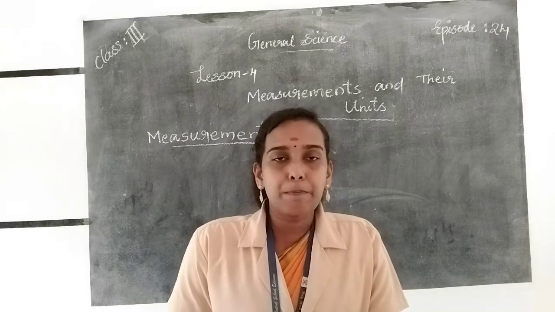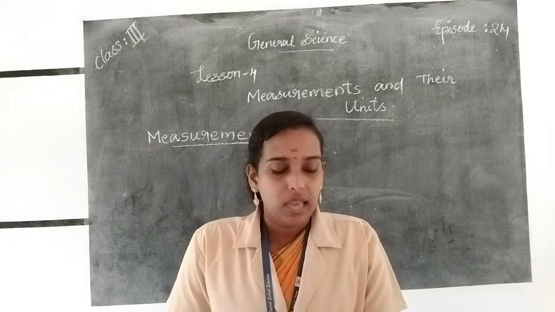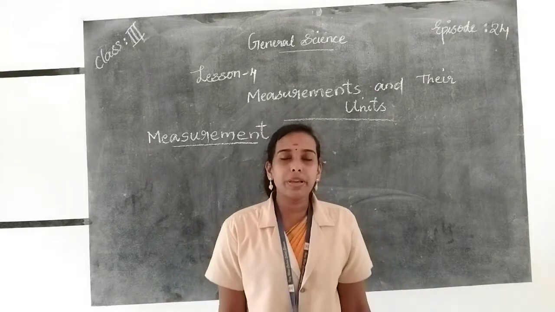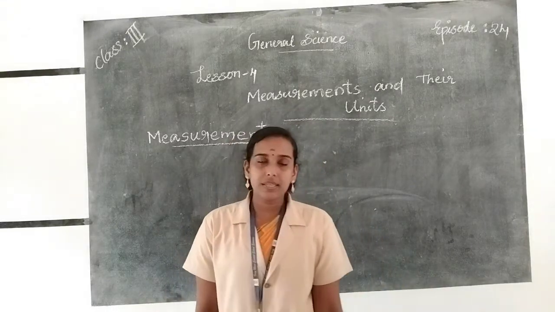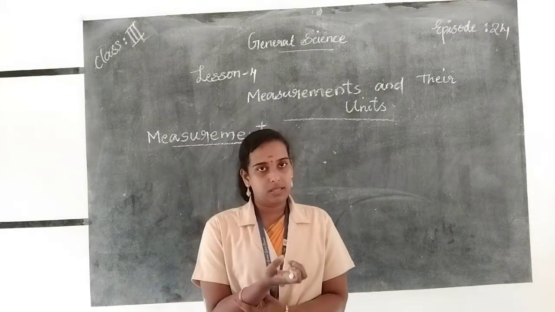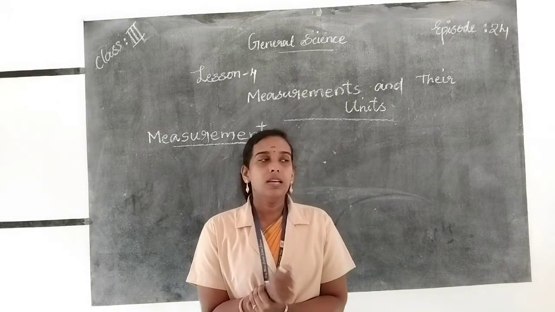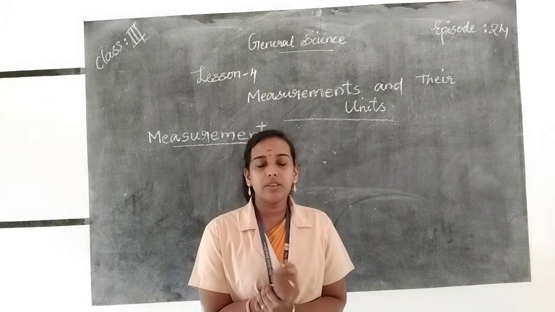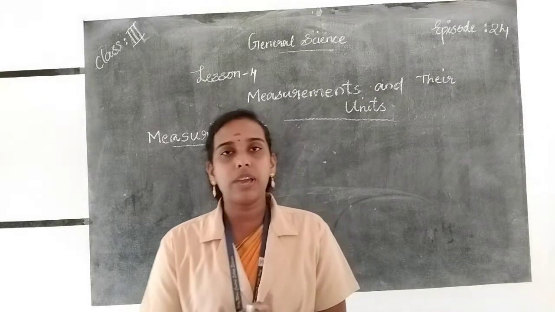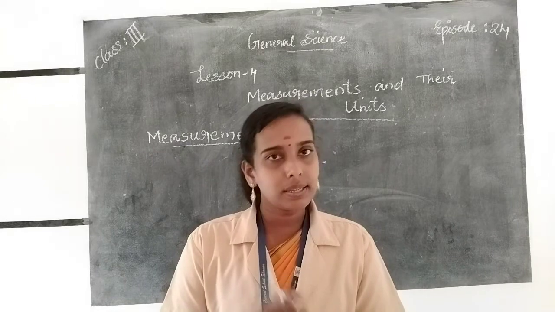And we also represent the length of things with their units. The units used to measure lengths are meter, centimeter, and kilometer. So there are three important units that we use to represent the measurement of a length: meter, centimeter, and kilometer.